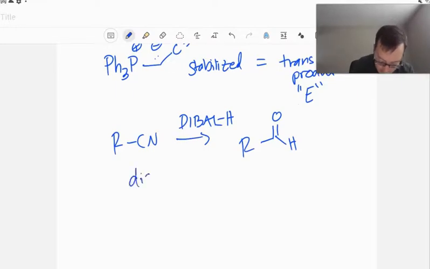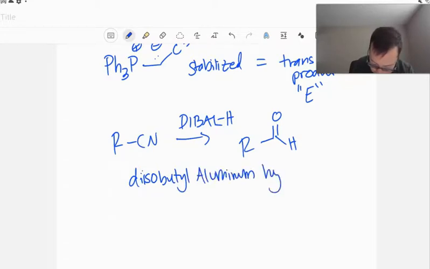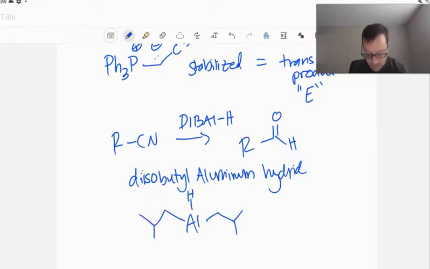That's diisobutylaluminum hydride, that's definitely a capital L then. That's the reagent that you would use for this, but yeah, not something we've covered yet. So don't worry about it. We will talk about that next chapter.